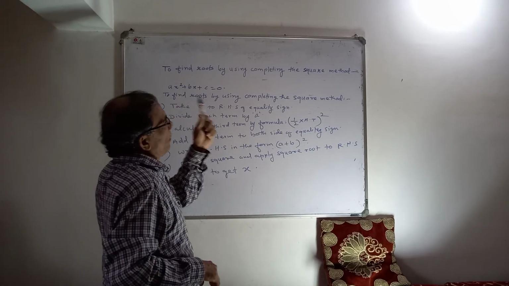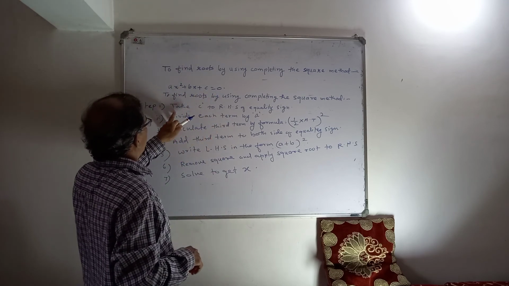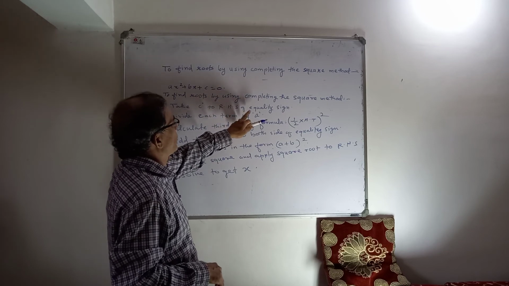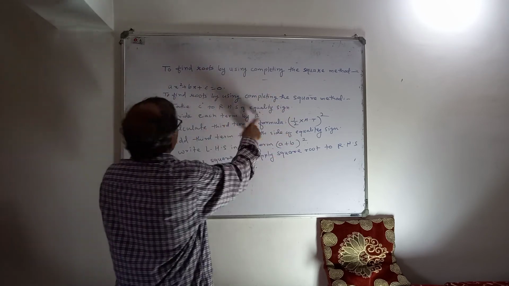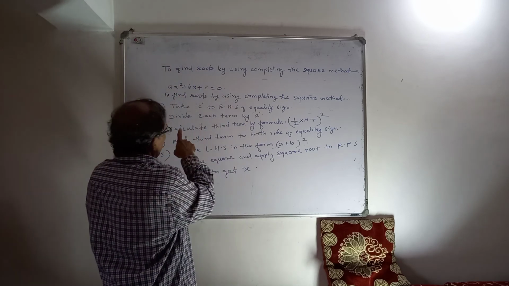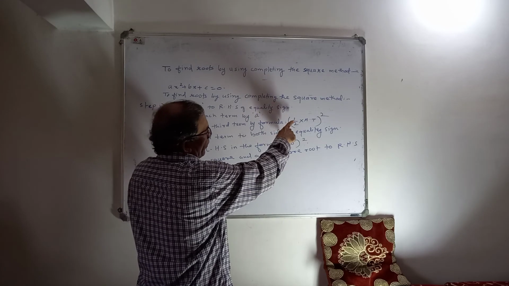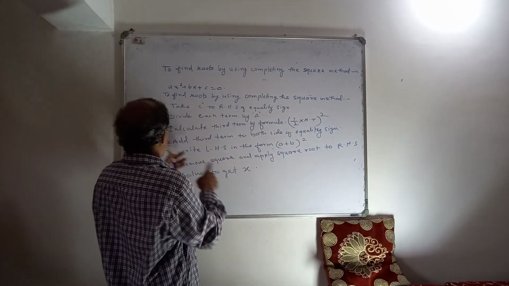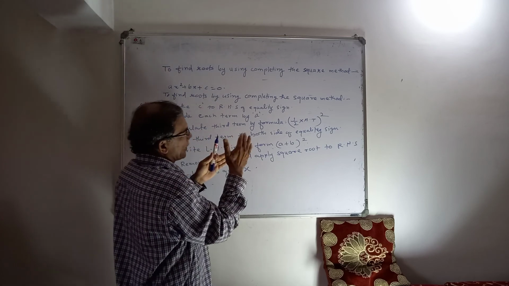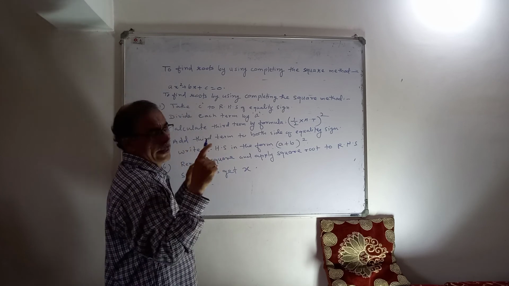So if you want to find the roots by completing the square method, always in first step take c to RHS of equality sign, means transfer c to right hand side, divide each term by a, coefficient of x square. Third step, calculate third term by formula, which is the formula half into middle term whole square. So once that third term is obtained, fourth step, add third term to both sides of equality sign. Then fifth step, write LHS in the form of a plus b whole square.